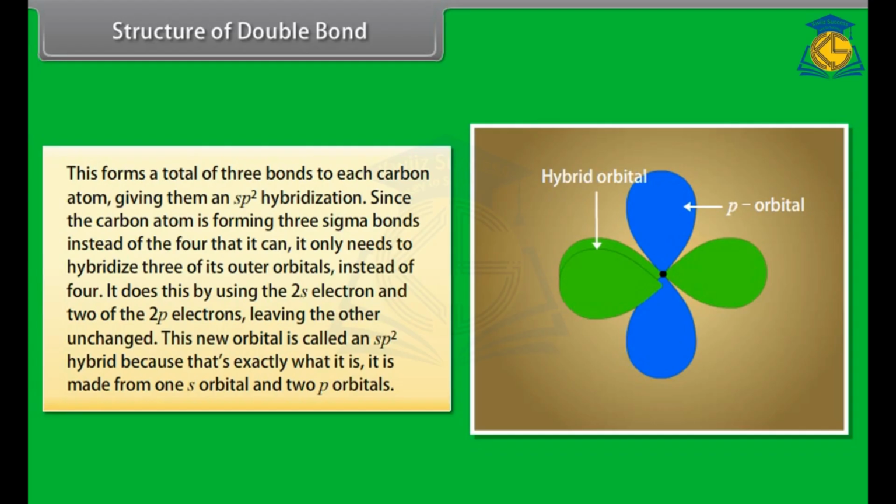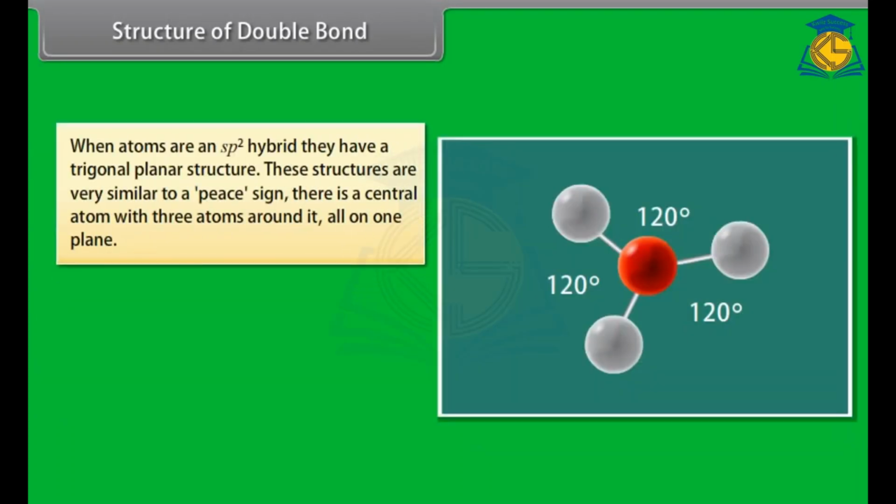This new orbital is called an sp2 hybrid because that's exactly what it is. It is made from one s orbital and 2 p orbitals. When atoms are sp2 hybrids, they have a trigonal planar structure. These structures are very similar to a peace sign. There is a central atom with 3 atoms around it, all on one plane.